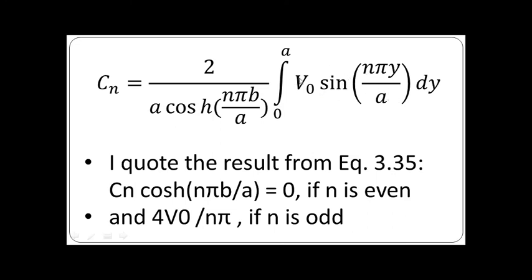And this integration is going to be 2 by n if n is odd, and 0 if n is even. From equation 3.35, this means Cn cosh n pi b upon a is equal to 0 if n is even, and equal to 4V0 by n pi if n is odd.